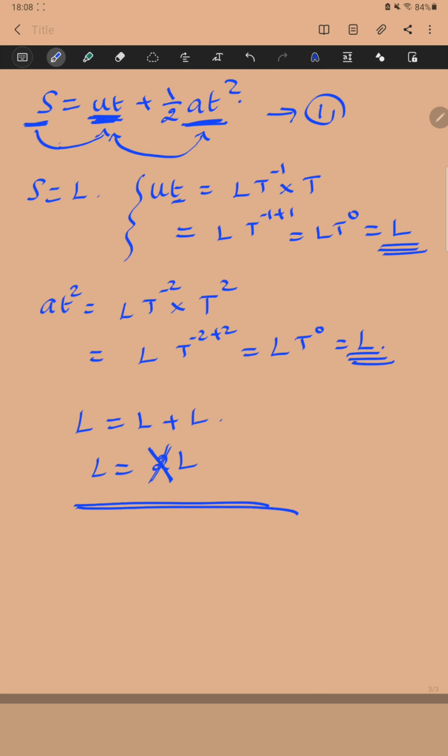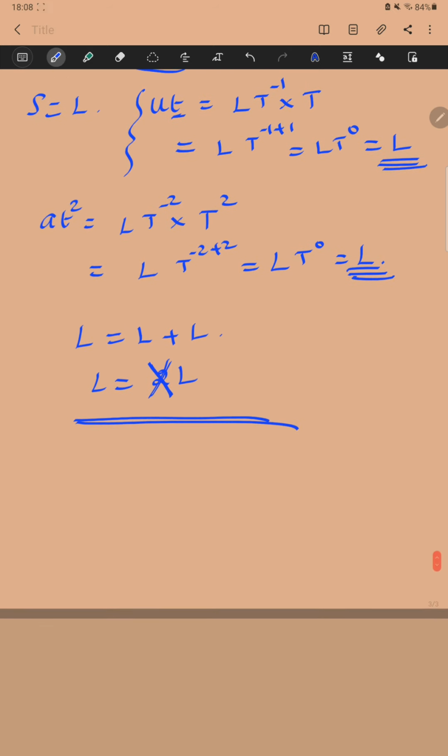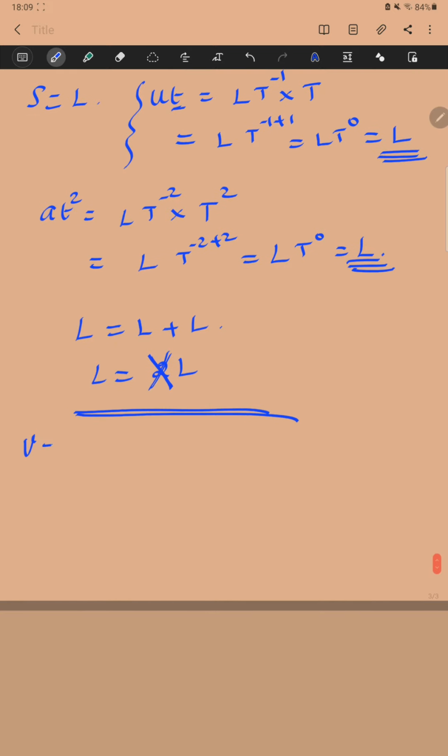Okay. People, I would like you to try and prove that the equations V equals U plus AT, and the equation F equals MA, where M is the mass, A is acceleration, F is force, pressure equals force divided by area, and also P equals rho GH.